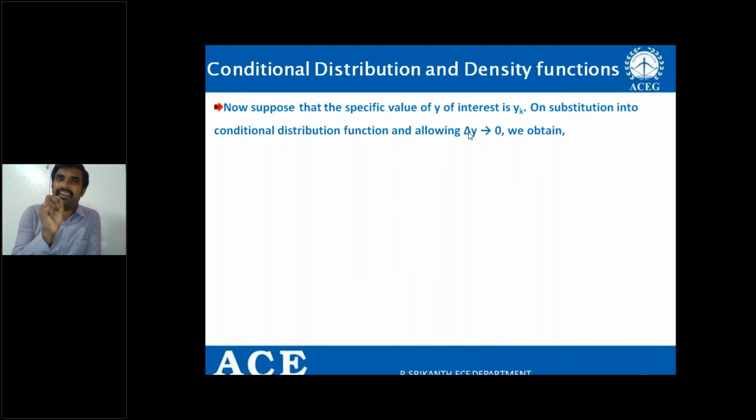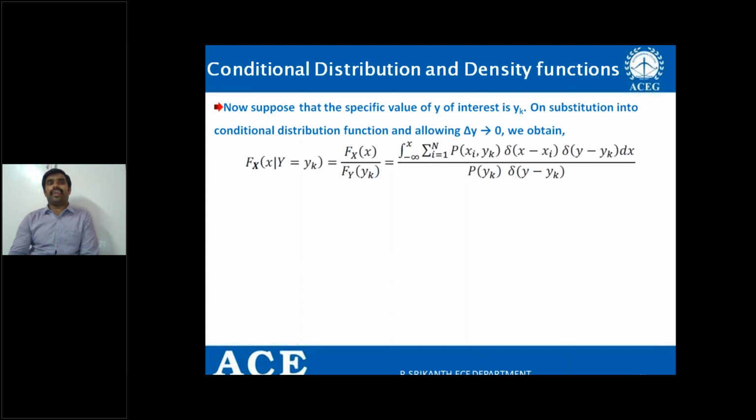Because directly I cannot define the point in the case of a continuous random variable. But in the case of a discrete random variable, I can take a particular point. Let the point be y equal to yk, right? On substitution into the conditional distribution function, we can write it like this: Fx of x given y equal to yk.